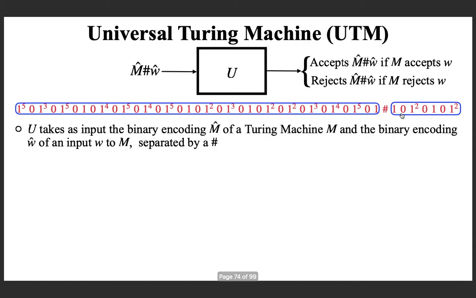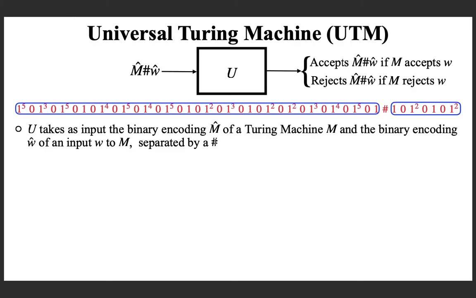Then what is the universal Turing machine doing? The universal Turing machine U takes as input the binary encoding hat M of a Turing machine M and the binary encoding hat W of an input W to M. And these two are separated by a hash.